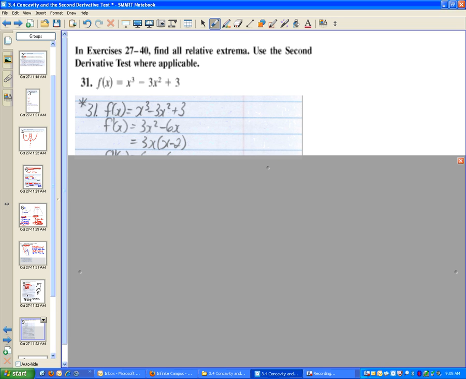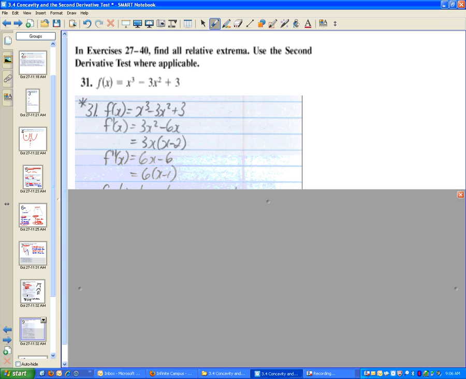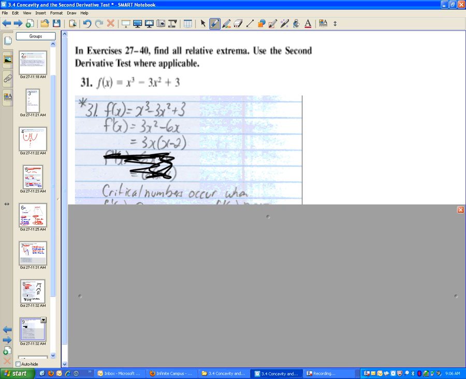So I take that first derivative and I factor it. Skip a couple of spaces. Literally, skip a couple of spaces. And let's find our critical numbers.